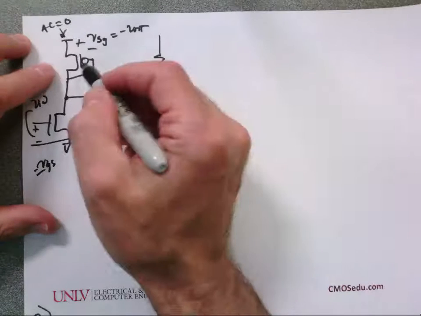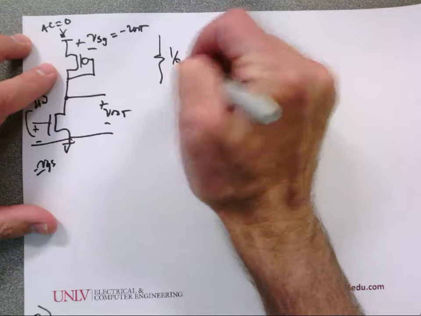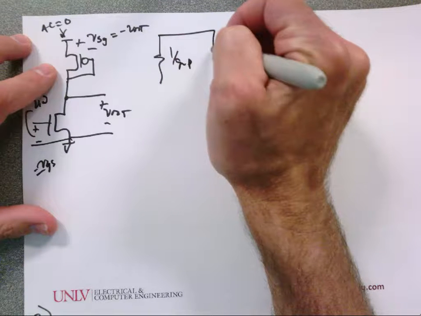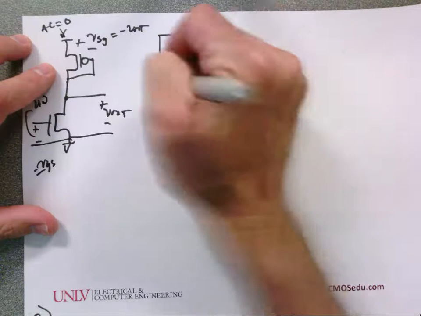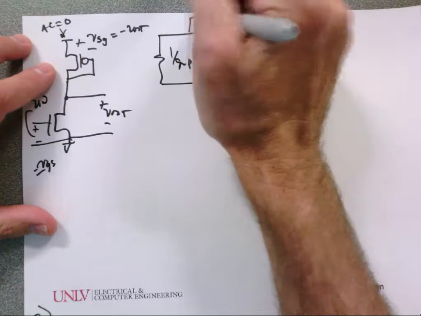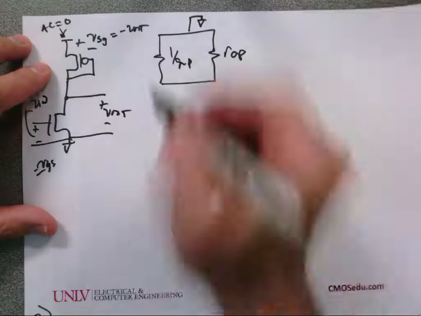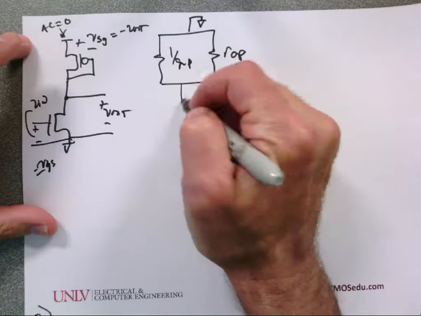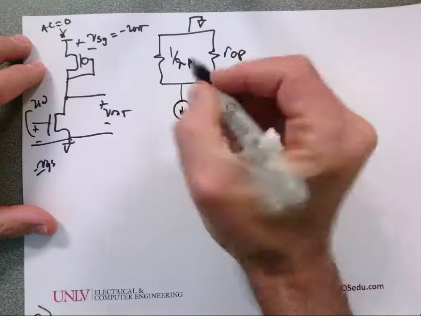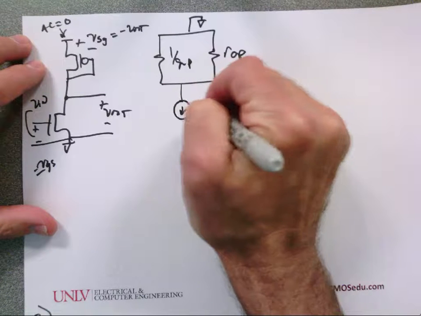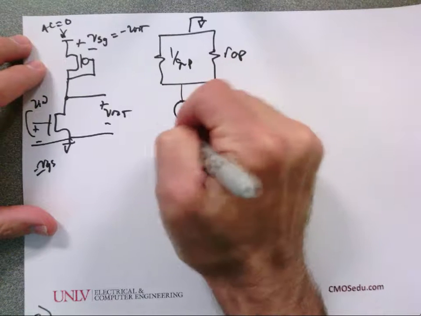So I'm going to redo this as 1 over GMP in parallel with R out P for the AC circuit. And then here, I'm going to have a current source, which is GMN times V in.